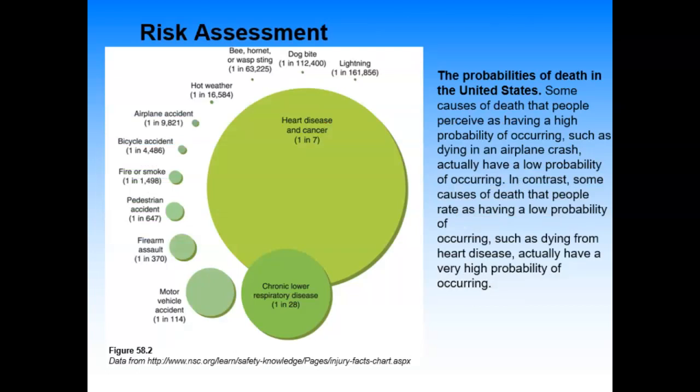For example, here we can look at the risk assessment for your probability of death in the United States. 1 out of 7 people in the United States are most likely going to die from an illness related to heart disease and/or cancer. You have a pretty good chance of not getting hit by lightning and dying from that, right? 1 person out of 160, almost 2,000 people are going to die by lightning.